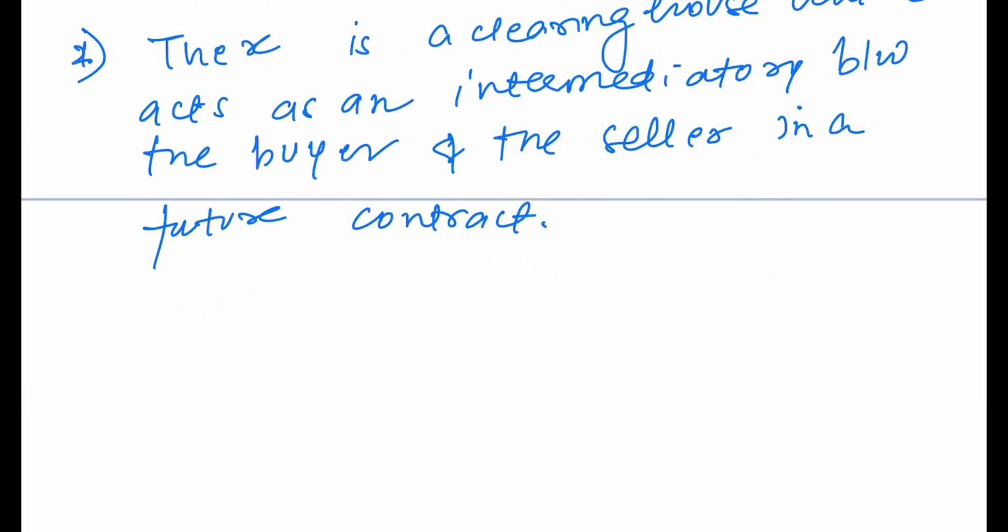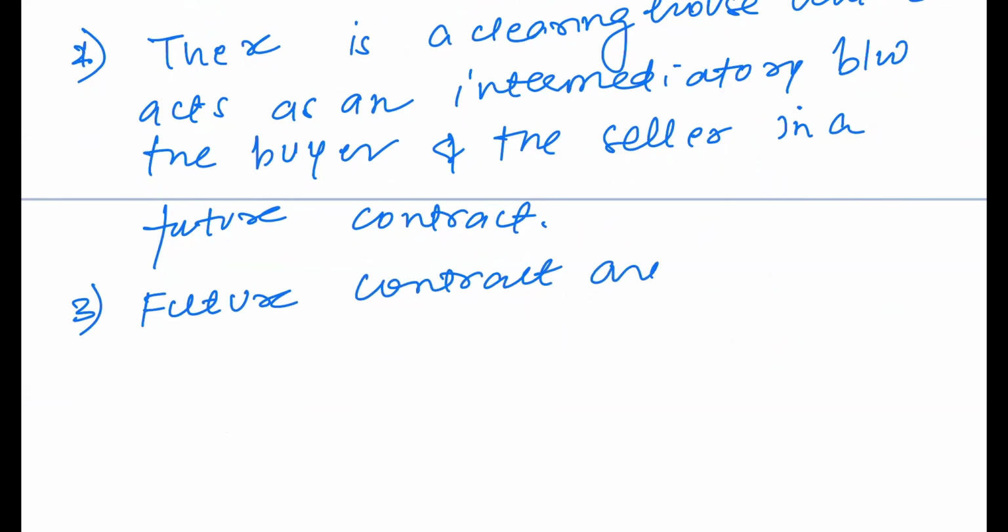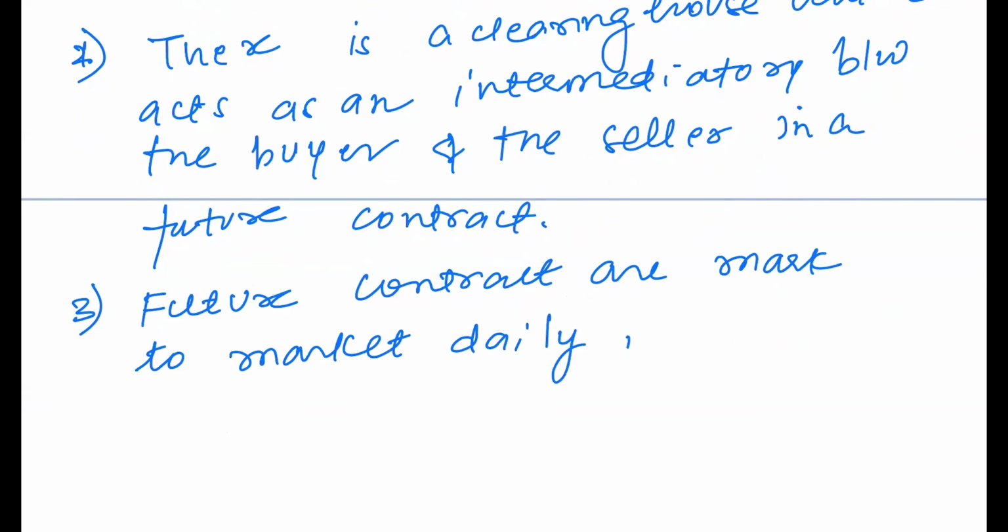Third, and this is very important, this can even be asked in interviews, future contracts are marked to market daily. And this is very, very important. What does this mean? This basically means that the gains and losses are settled at the end of each trading day.